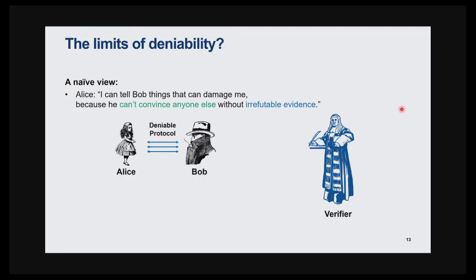So suppose Alice is such a person who wants deniability, and she's talking to Bob, and she's using a cryptographically deniable protocol, right?